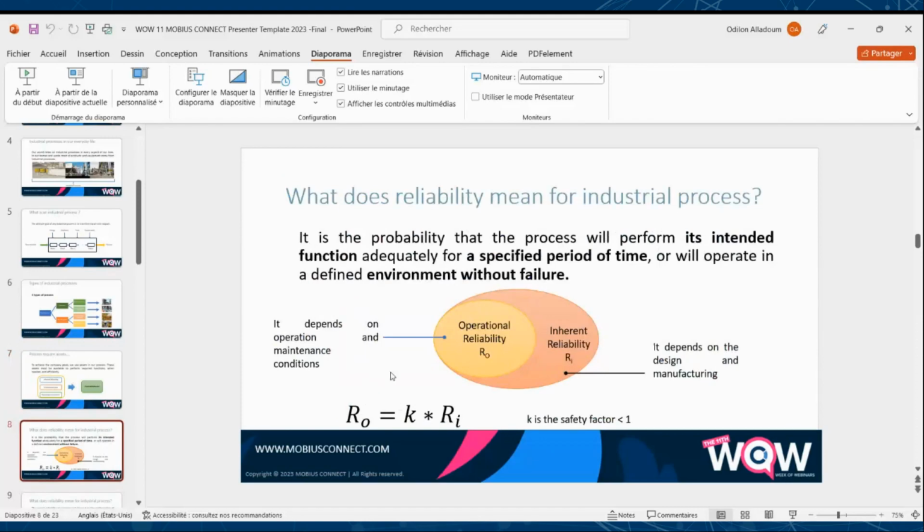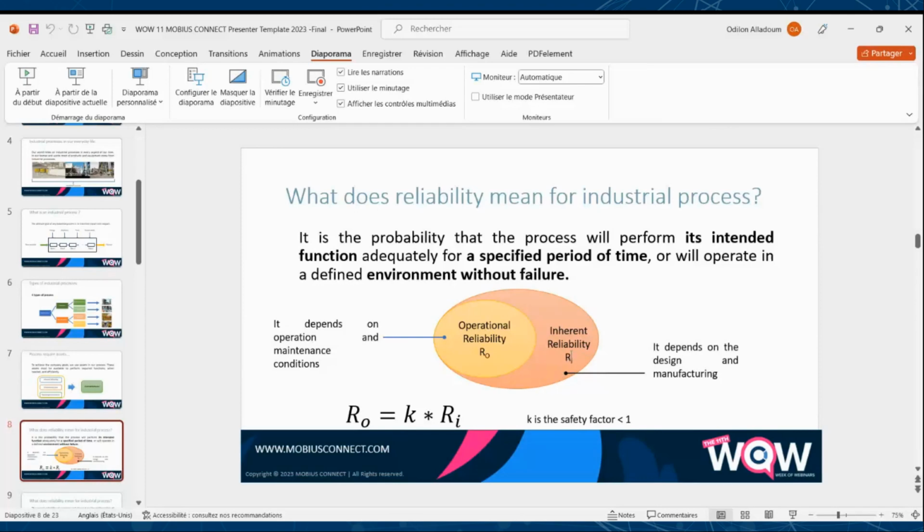It depends rather on manufacturing and design. So when we bring a new equipment to a field, it is impacted by operating conditions. The value of reliability obtained from the field is called operational reliability. This is the operational reliability, and we have the inherent reliability here.